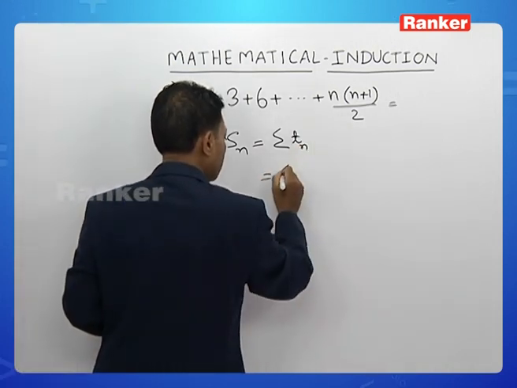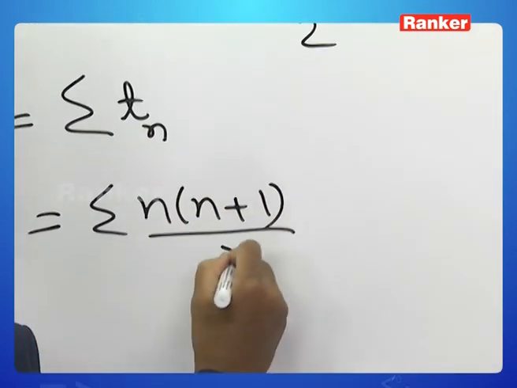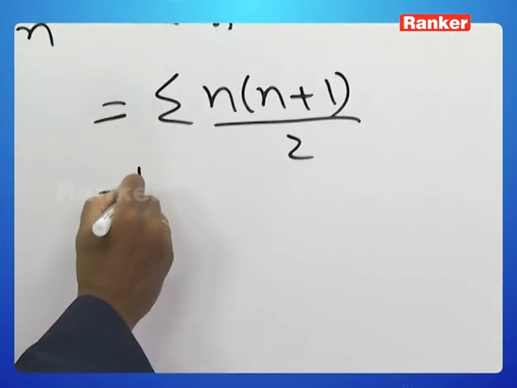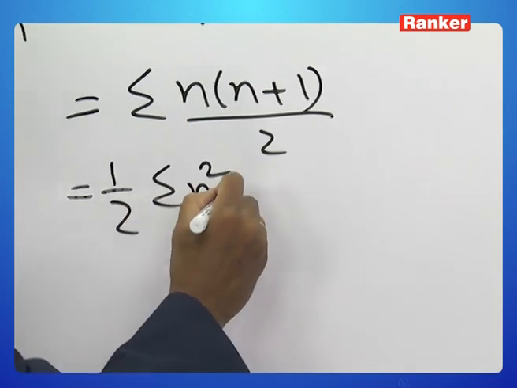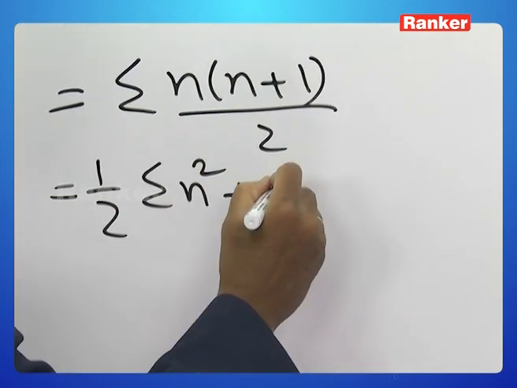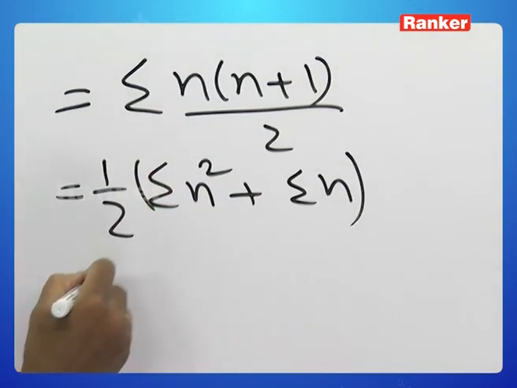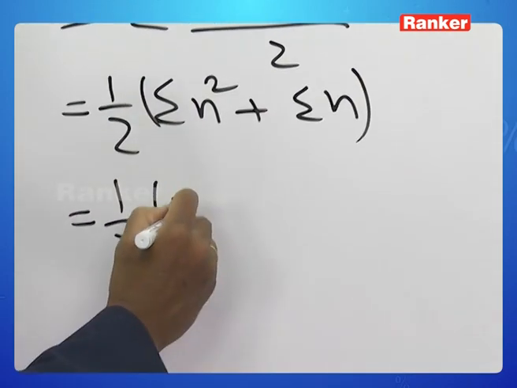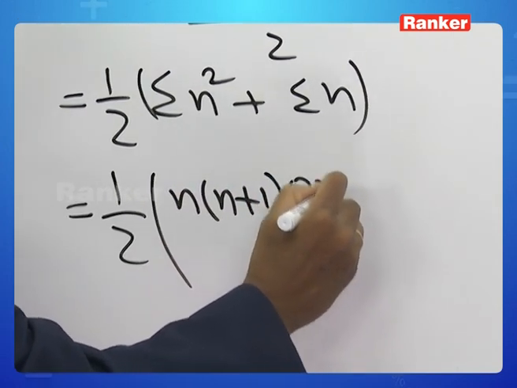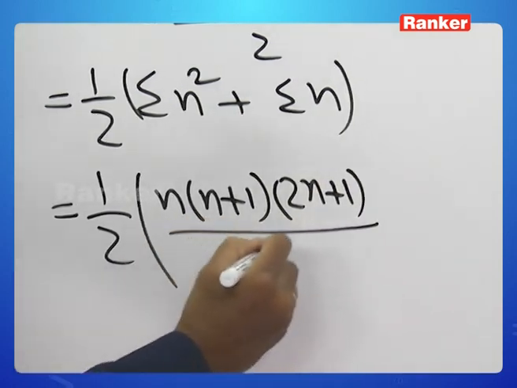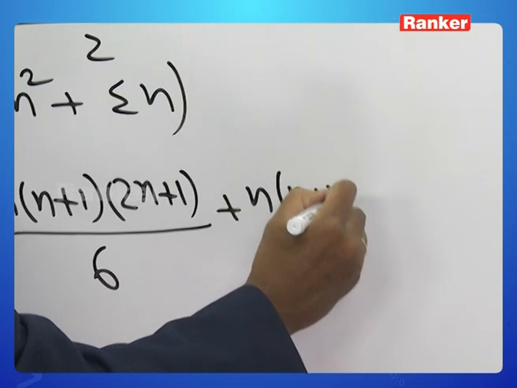So, what is your nth term here? Yes, n into n plus 1 by 2. So, 2 is a constant, you can keep it outside. n into n is sigma n square, and n into 1 is sigma n. You know both formulas, right? What is sigma n square? Yes, n into n plus 1 into 2n plus 1 by 6.